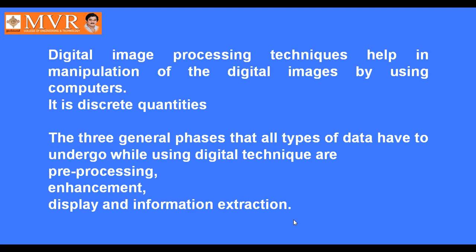So all the types of data have to undergo these digital techniques. What are the techniques? One is pre-processing. Pre-processing means rectification, mosaicing and importing. Before producing the satellite image, you should first apply these techniques to the raw data.